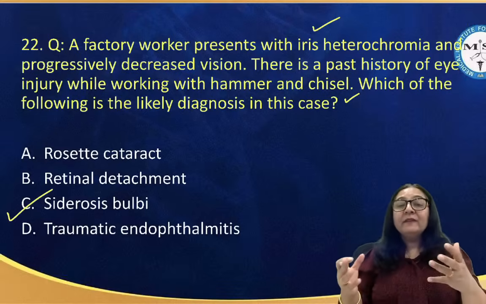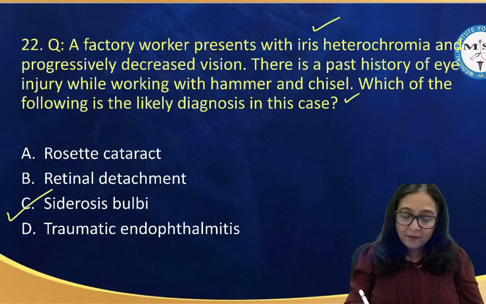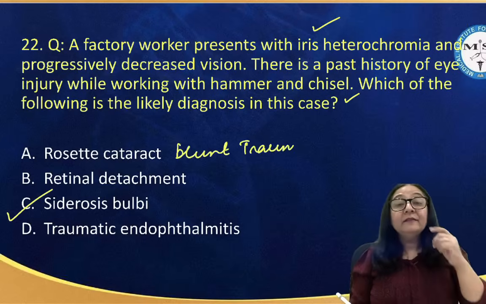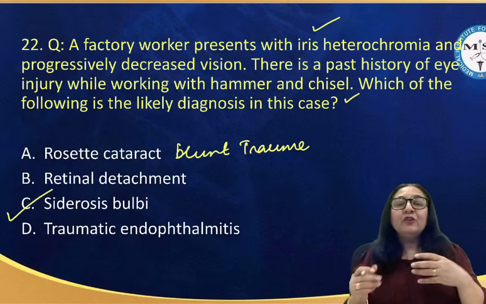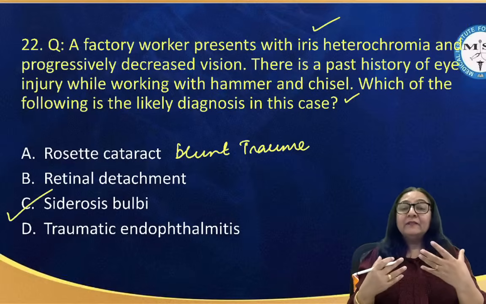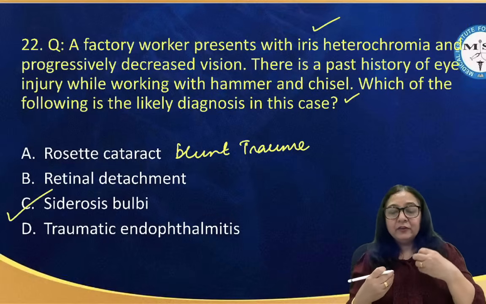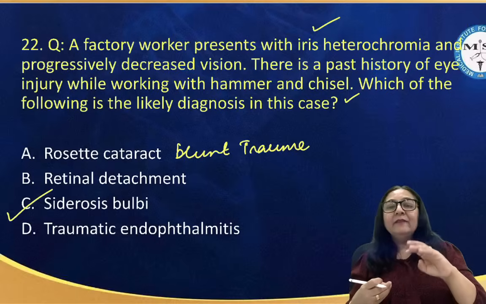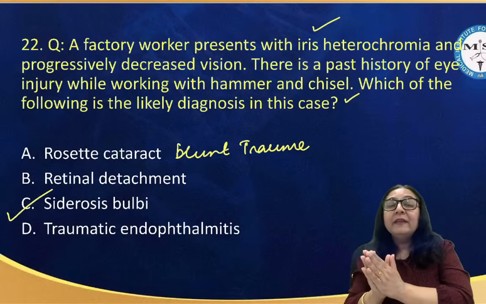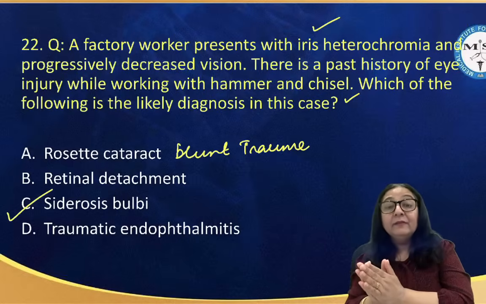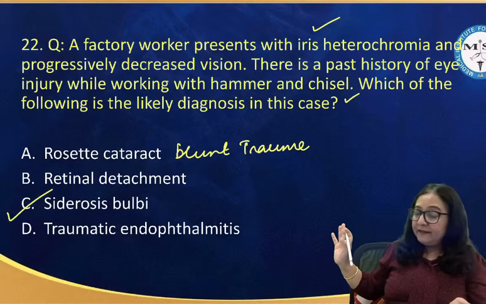Rosette cataract is in blunt trauma. Similarly, retinal detachment can occur in cases of injury, but there will not be iris heterochromia. Traumatic endophthalmitis. Endophthalmitis can occur because of the trauma, but then there will be the features of the uveitis, painful red eye, anterior uveitis, vitreous exudates, which is not seen in these cases.